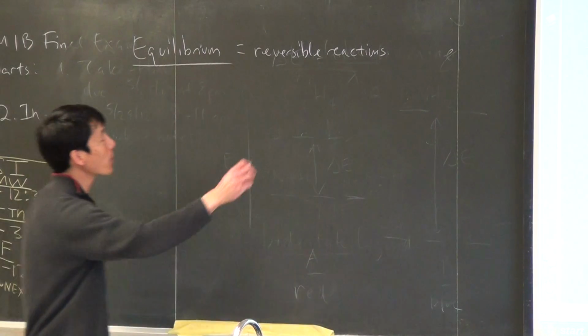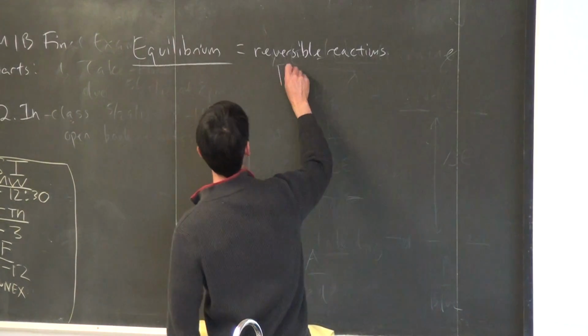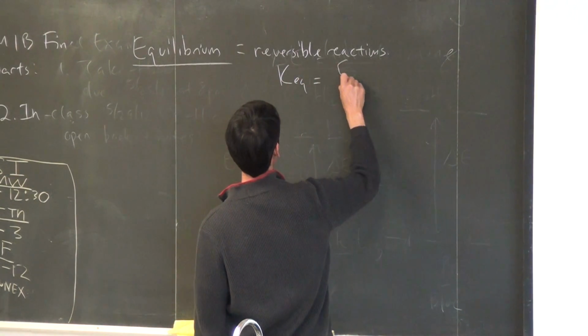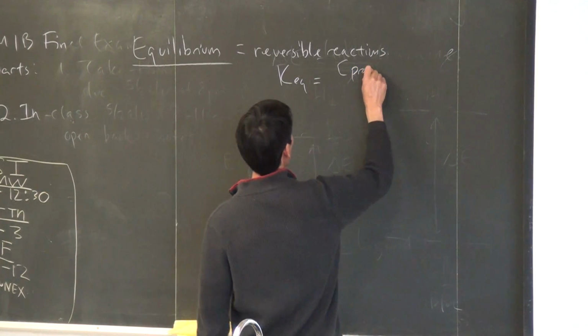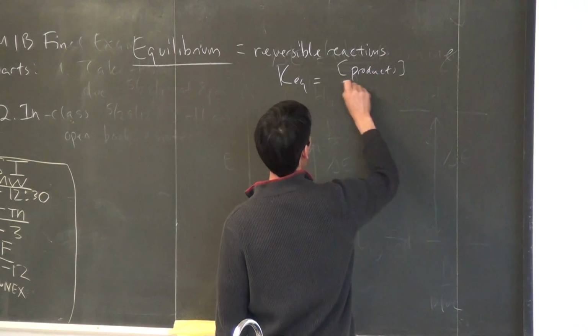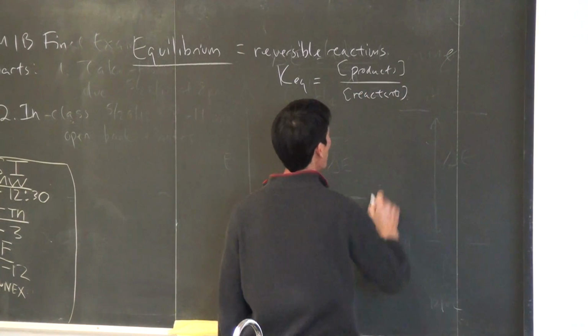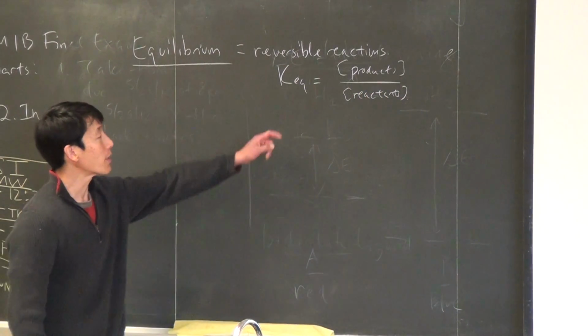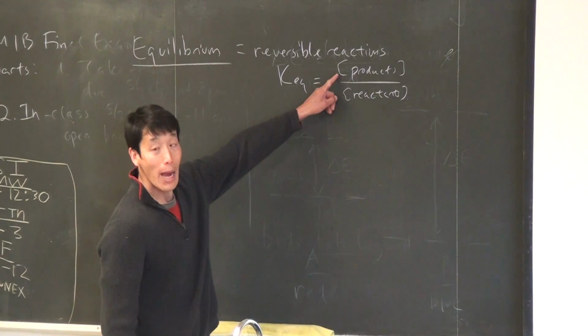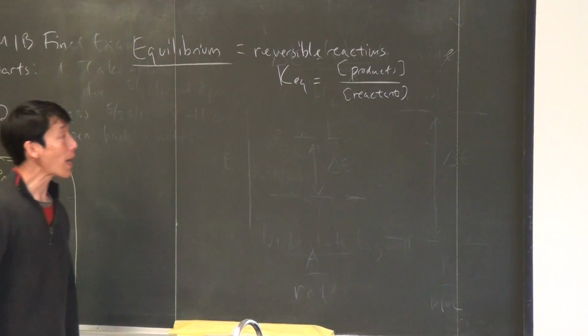By looking at the equilibrium constant Keq, the concentration of products divided by reactants. Once you have your balanced chemical equation, each concentration has to be raised to the power of its coefficient in your balanced chemical equation.